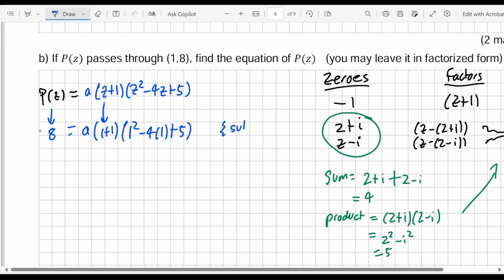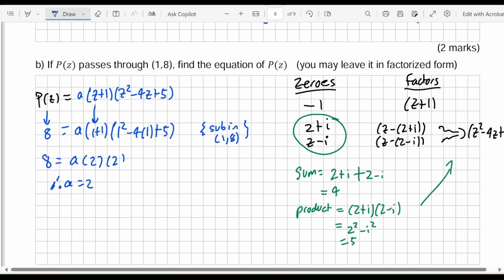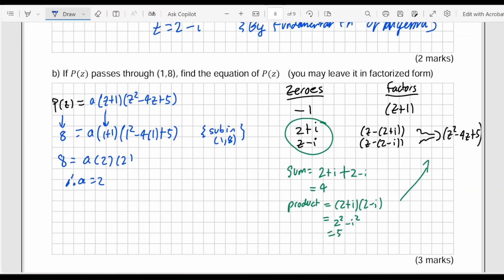So sub in 1, 8, just like that. Okay, so 8 is going to be a with 2. This one in here is also another 2. Therefore, a is 2.